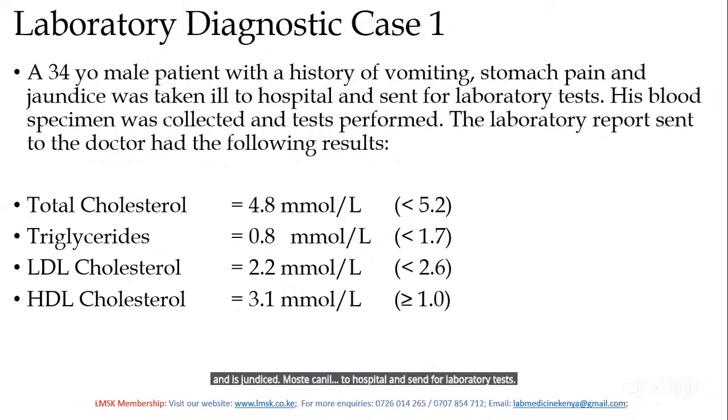His blood specimen was collected and tests performed. The following are the results, which were sent to the doctor. Total cholesterol, 4.8, triglycerides, 0.8, low density lipoprotein cholesterol, 2.2, high density, 3.1. Those are the results sent to the doctor.